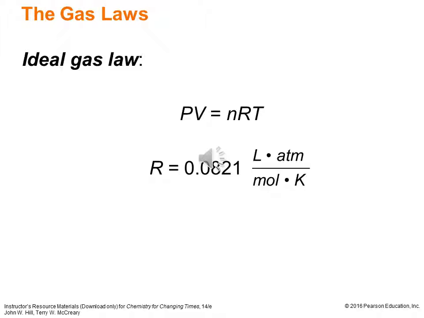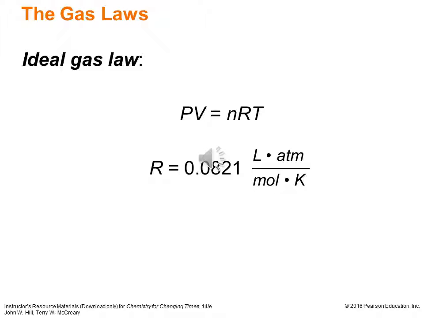So at 1 atmosphere of pressure and 273 Kelvin, standard temperature and pressure, 1 mole of any gas, as long as the gas behaves ideally, should take up 22.4 liters of volume. So if you use those 4 values, you're able to solve for R. At least the R that we'll use is 0.0821 liter atmospheres per mole Kelvin, right?